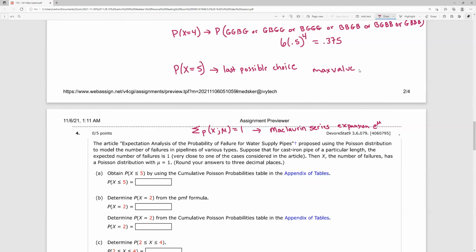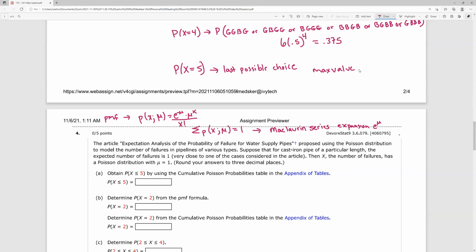So our PMF, which is our probability mass function, is P of our variable X, which we'll define what that means in just a second, and our parameter mu, and it works out to be e to the negative mu times mu to the x all over x factorial.